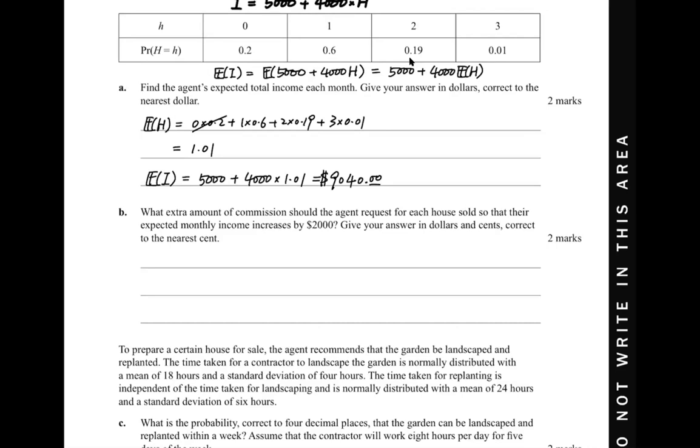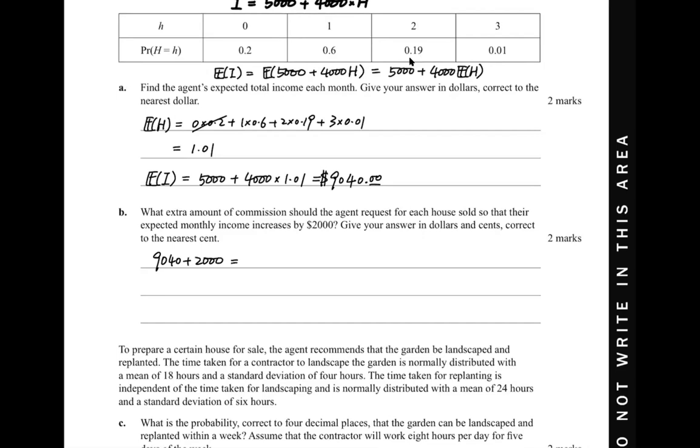What extra amount of commission should the agent request for each house sold so that their expected monthly income increases by 2,000? Give your answer in dollars and cents, correct to the nearest cent. Okay, so the new expected income should be 9,040 plus 2,000.